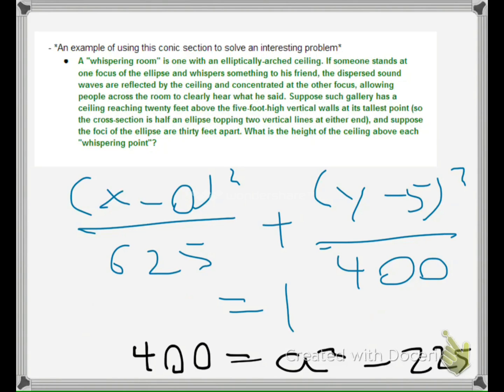And now we have to find the height of the ceiling above the foci. So we will look at the height, which will be the y value of the ellipse when x equals 15. I'll erase some of the work.